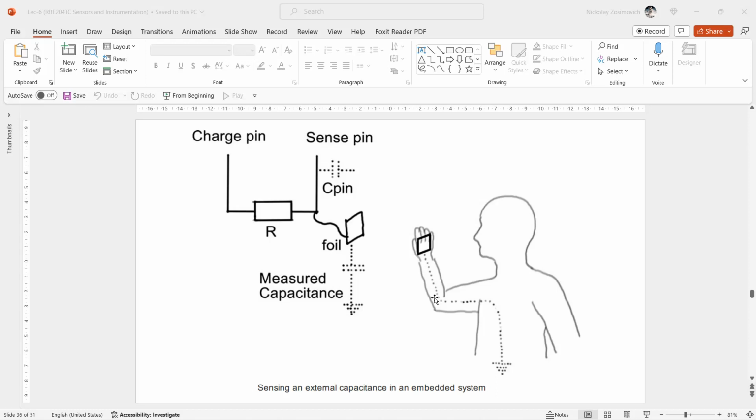The other pin is used as a digital input to detect the moment when this charge voltage exceeds a certain level, normally defined by the logic level of the digital input. In a 5-volt microcontroller system, such as the earlier discussed Arduino, this level lies around 2.5 volts. This means that the capacitive sensor is charged until it reaches that value, 2.5 volts.